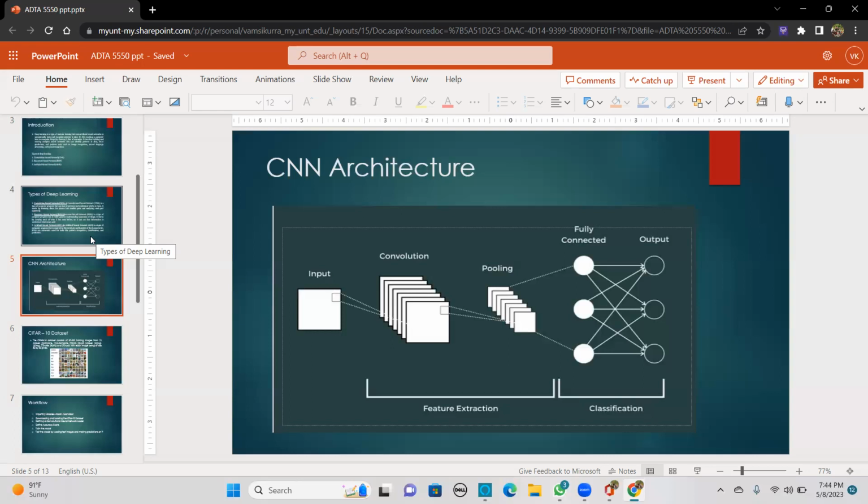Data augmentation is another technique that is commonly used in CNNs to improve the generalization performance of the network. Data augmentation involves generating new training data by applying various transformations to the original training data.